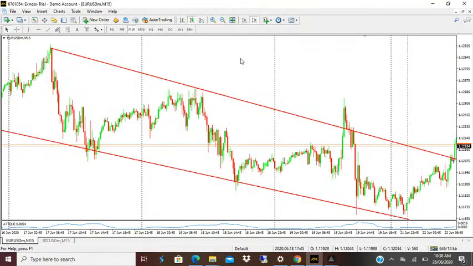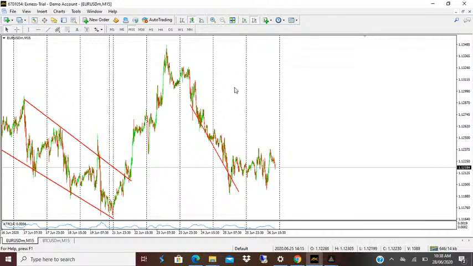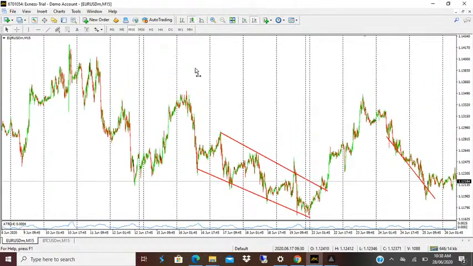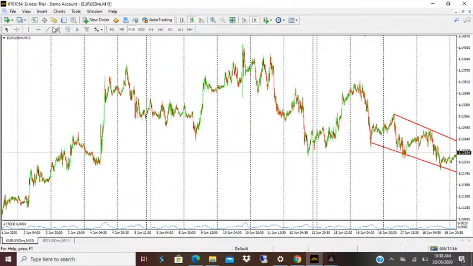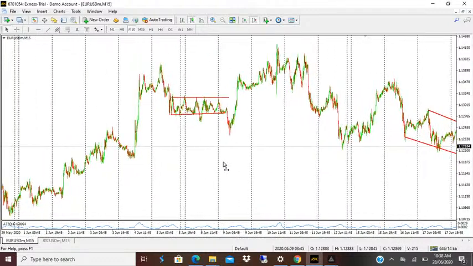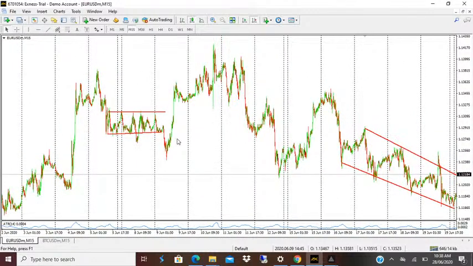And you come on your MT4 and look at where the market is at presently. There is a range here. There is a channel here. I don't really like this setup.